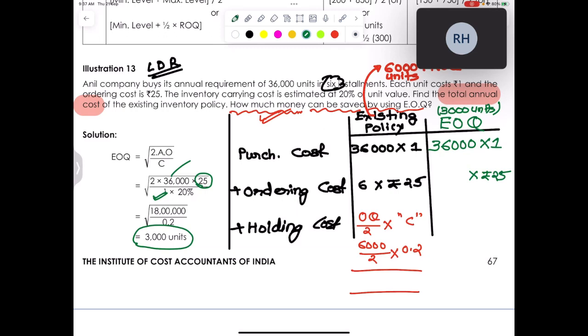It is indicating that एक बार में मुझे 3,000 यूनिट परचेज करना है. Annually, I have to purchase 36,000 units. So how many times I have to place the order in a year? Please determine and communicate me the answer. मुझे साल भर में कितना raw material purchase karna hai? 36,000.